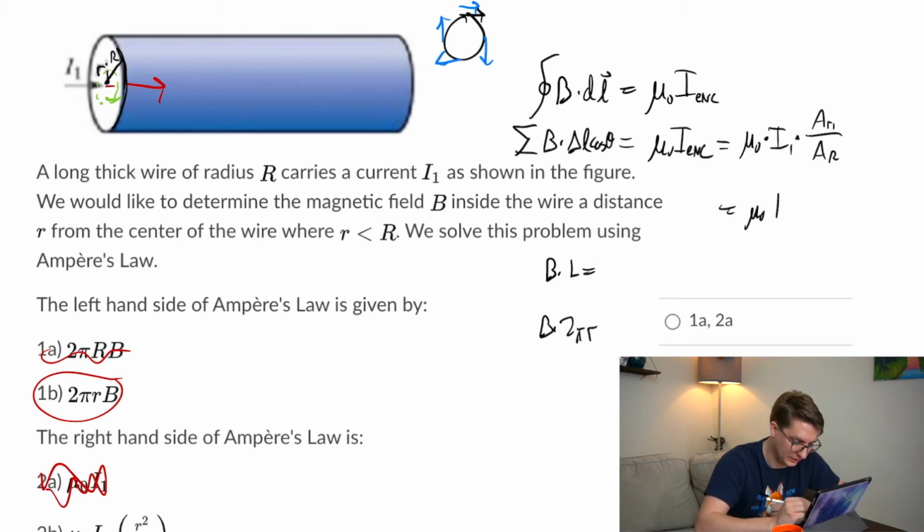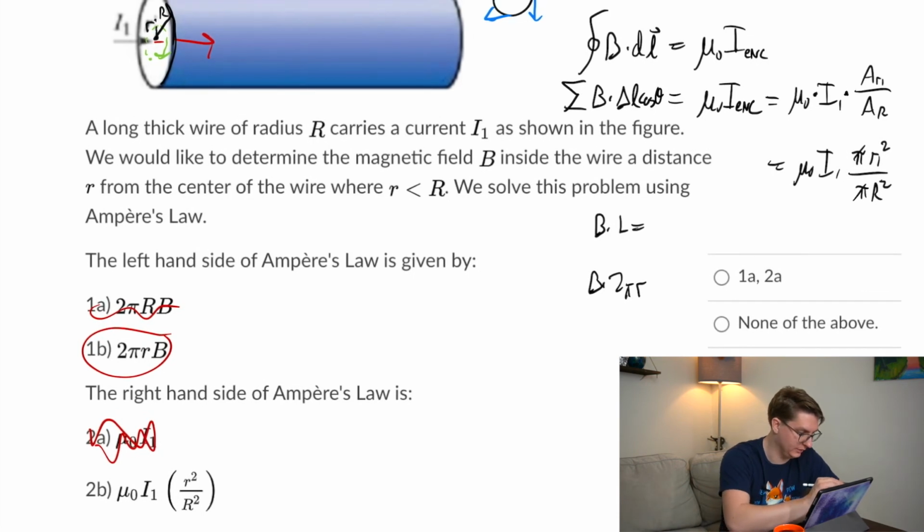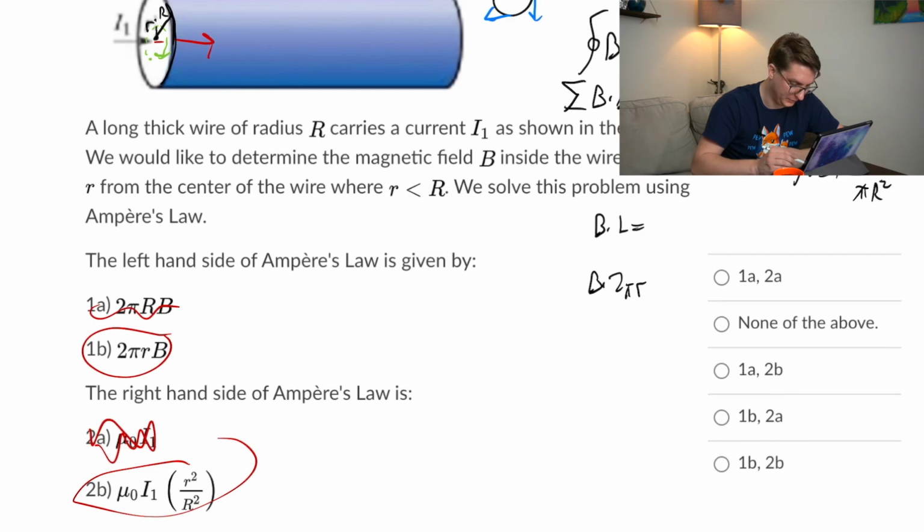So we get mu naught I1 pi r squared over pi R1 squared. So the pi's go away, you get this stuff down here. So we get 1b and 2b, so it's got to be this one. That's our answer.